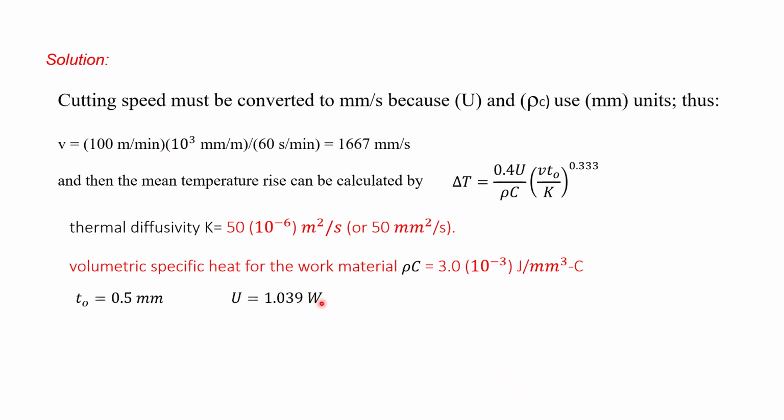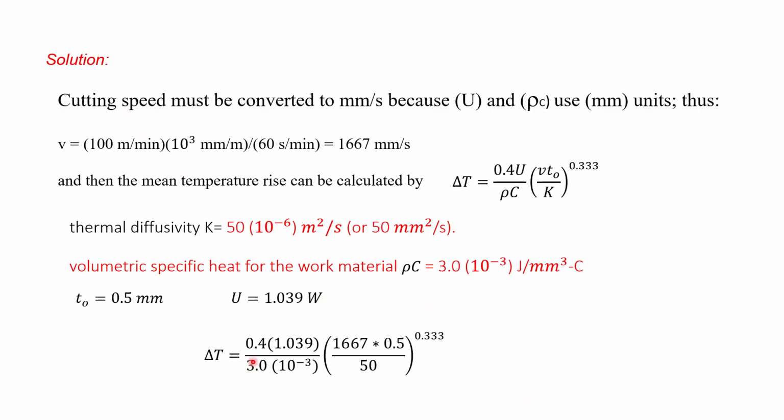Sorry, the units are not watt, but anyway, I'm going to keep it like that because this will be watt over cubic millimeters. And the value for the rho C is going to be equal to 3 multiplied by 10 to the power minus 3 joule per cubic millimeter degree. Remember that this one, once again, is joule over cubic millimeters, so we're going to get rid of the millimeters directly.